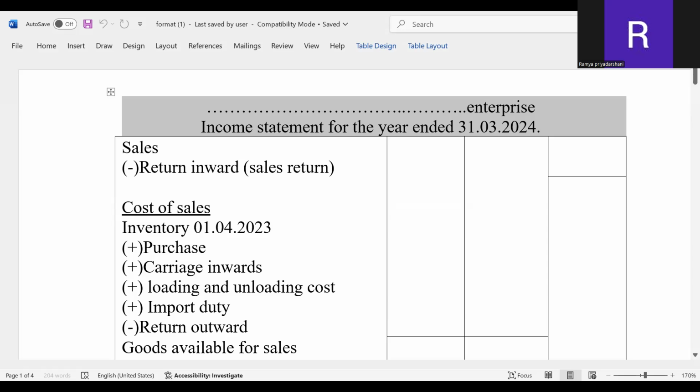Like first one, draw the format of the income statement and statement of financial position. Then try to complete the adjustments. Then the trial balance can be done.